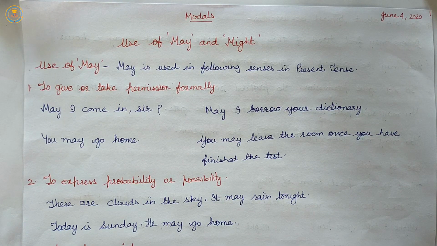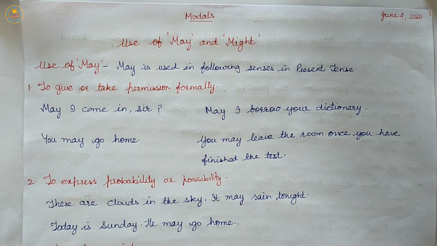Good morning, and let us begin our next step of Modal. In our previous topic, we studied primary auxiliaries and modal auxiliaries, and in that topic we studied can and could.